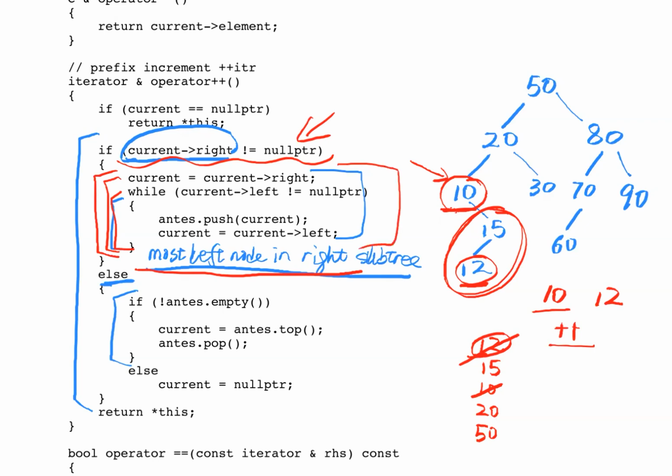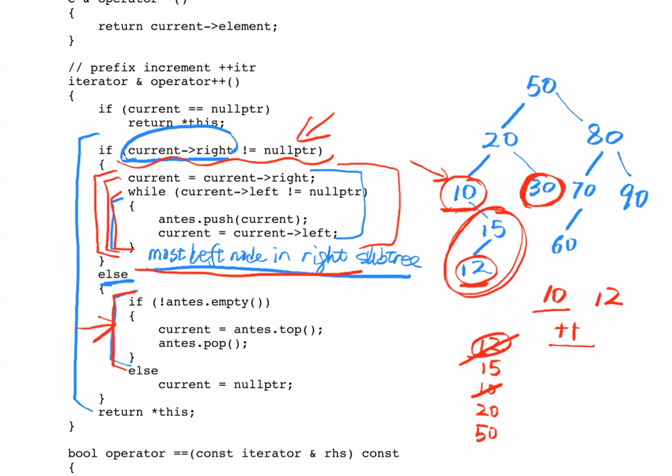Another possibility is, for example, 30. 30 is the current node, and its right subtree is empty. We will go to the else part.